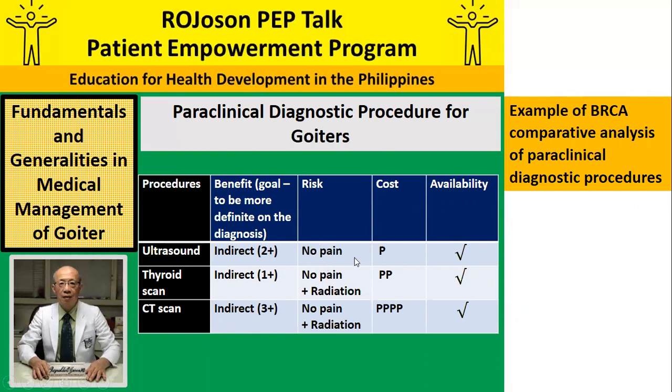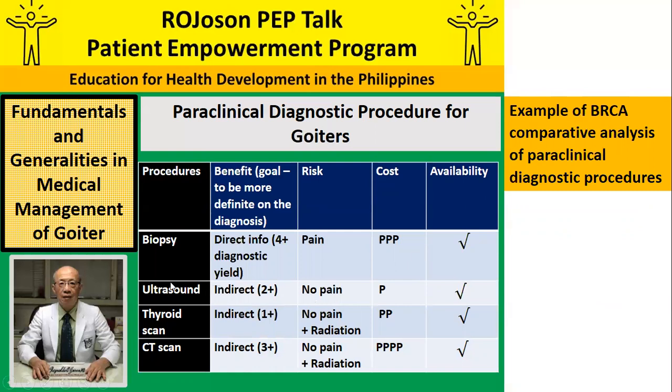Risk: no pain for ultrasound. For thyroid scan, there's no pain, but there's radiation. For CT scan, there's no pain, but there's radiation. And in terms of cost, CT scan has the most expensive price. So if you were to choose the most cost-effective one here, one would go for ultrasound.